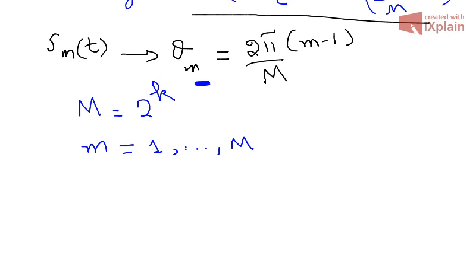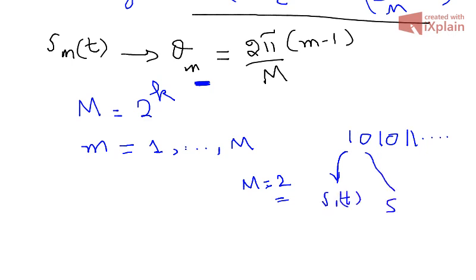So, for example, if you want to transmit some sequence of binary digits 1 0, and suppose your capital M is 2, you will have two unique waveforms to transmit. You represent 1 by S1 of t and 0 by S2 of t.